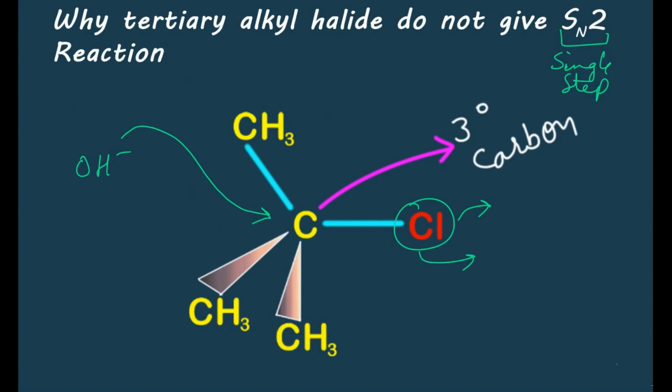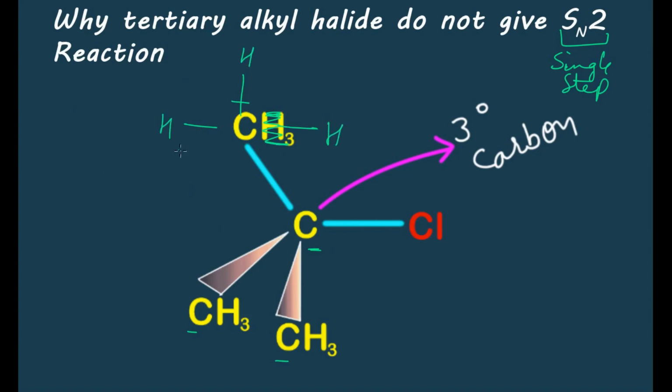Now take a look at the structure of the tertiary alkyl halide. If you look closely, this tertiary carbon is attached to 3 different alkyl groups, right? This is the smallest molecule that I am presenting in front of you. The actual structure is not like this. The hydrogens are not so close; they are somewhere far away from the carbon, like this, right? Same for this carbon.